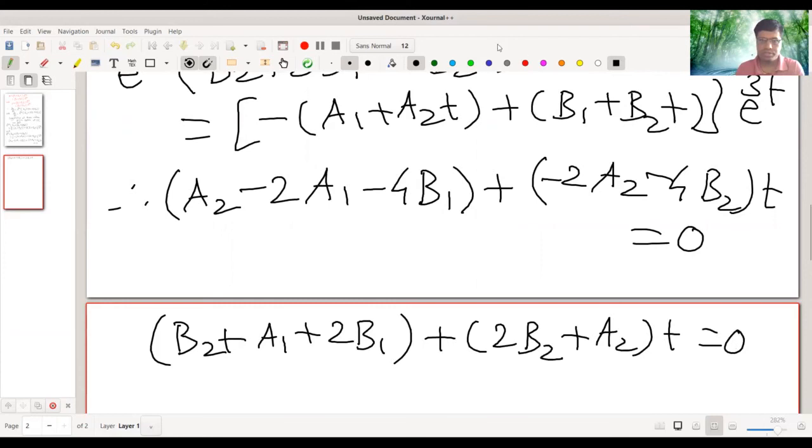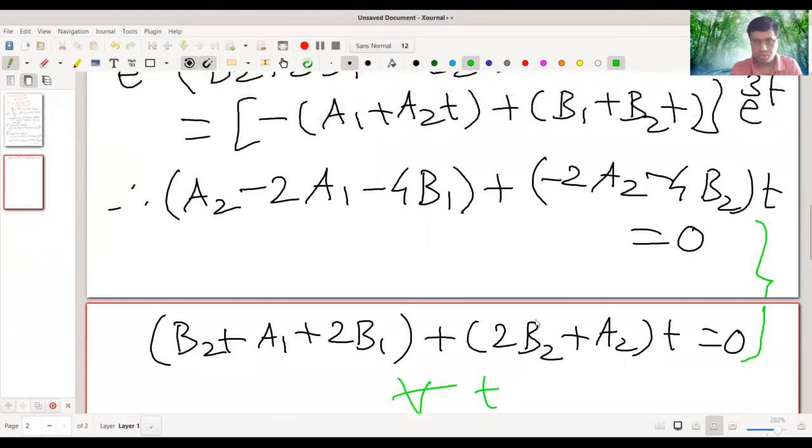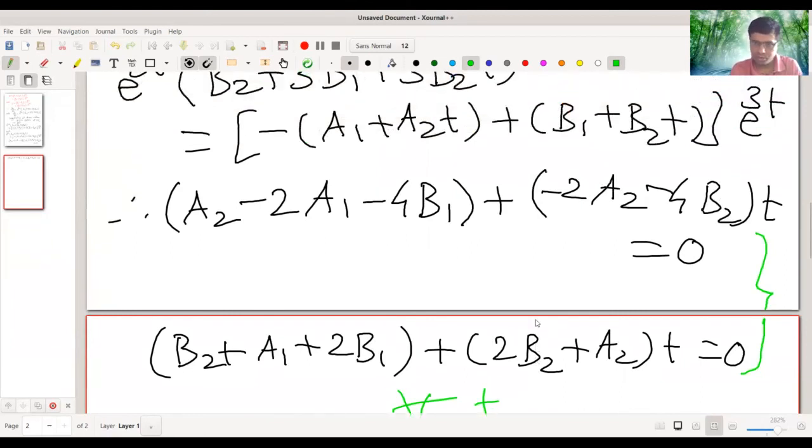Okay, so this is our system. This is true for all t. Therefore, it should be true for t equal to 0.